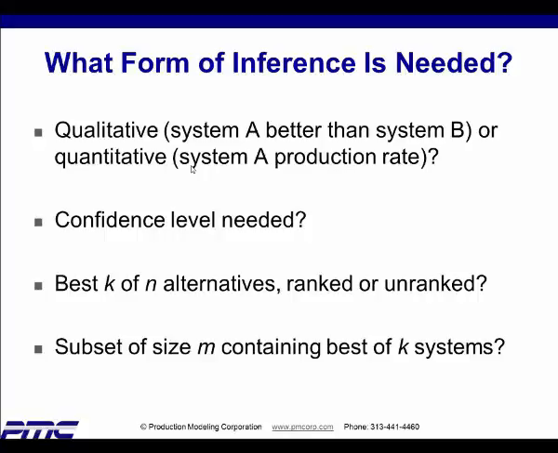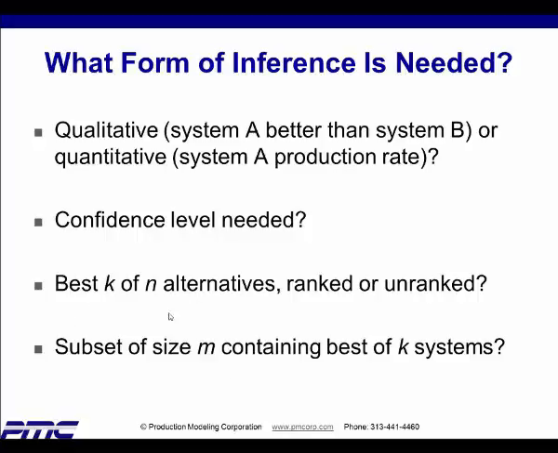The quantitative need longer runs and more accurate data. And what level of confidence are you going to use for your confidence intervals, for your performance metrics? It might be 90%, 95%, 99%, something else. Those 3 levels are the most common.